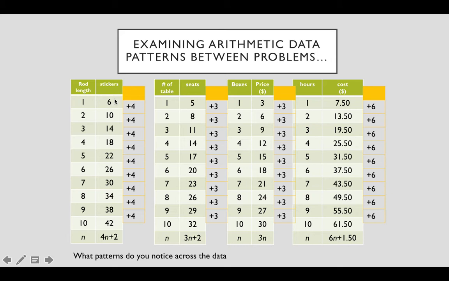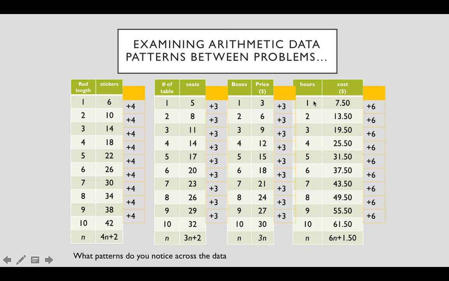Remember, every time the number of cubes went up 1, there was a change of positive 4 between the number of stickers. Every time the number of tables went up 1, the number of seats increased by 3. Every time the number of boxes of cookies increased by 1, the amount increased by $3.